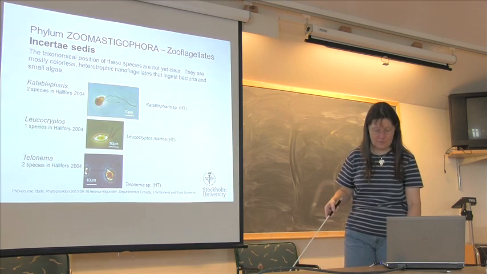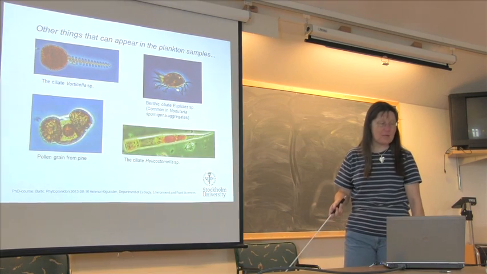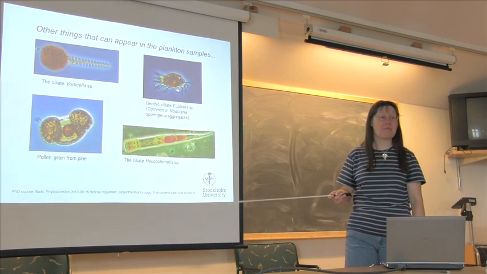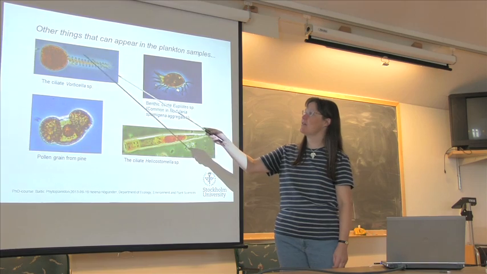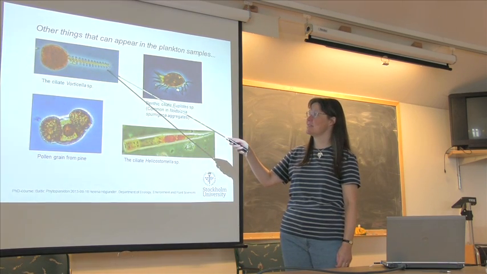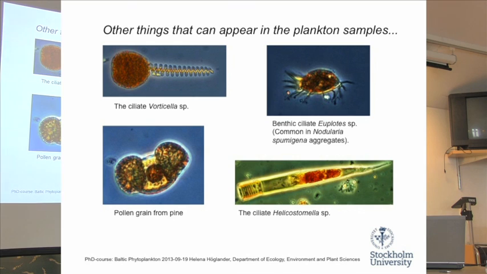So, heterotrophic. And if you're looking in phytoplankton samples, you might end up with other things that are not phytoplankton. Sometimes you can see the cord of the vorticellas, this ciliate, so you just see this part, or you just see the head of the vorticella, and then you should be aware that that's not a dinoflagellate or something else.